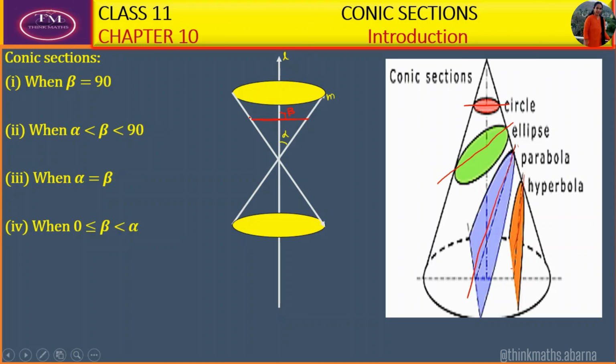So this beta will make 90 degrees. If you cut here, you will get a circle shape. So when beta is equal to 90 degrees, the shape is a circle.